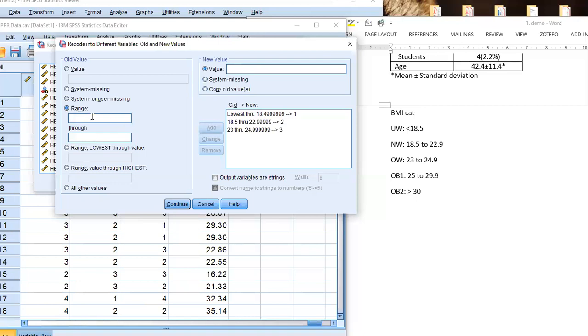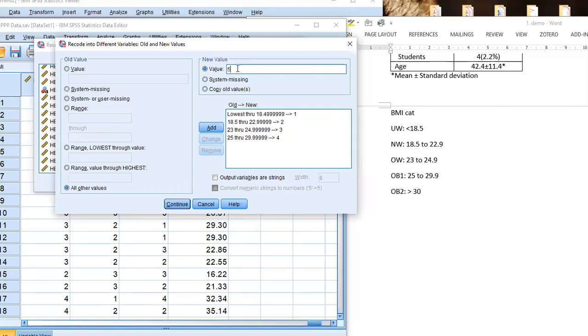Next one, inclusive 25 to 29.9, just to make a continuum between groups. There are still values beyond 29.9, right? And the last group is more than 30 BMI. Can I say all other values? All the other values must be here, right?